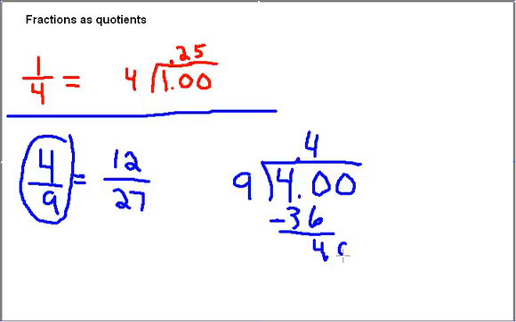We'll bring down that 0. That is 4 as well, and that keeps going on and on forever. We have a repeating decimal here. 4/9 is the same thing as 0.44. So once again, that illustrates that fractions are also just special types of division problems.